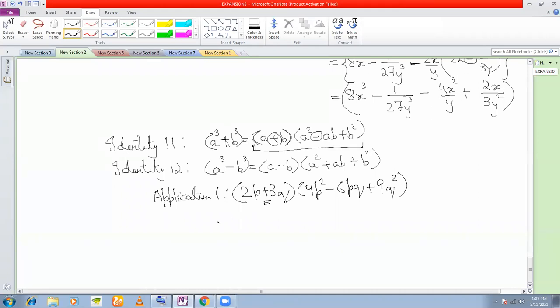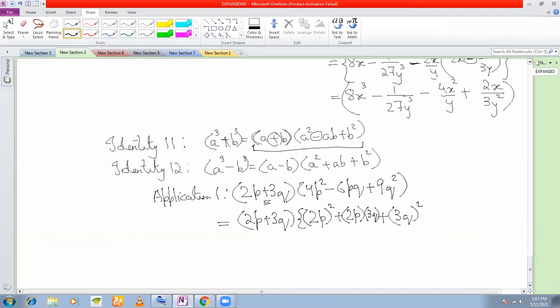Let's see if this is this form or not. So 2p plus 3q, and here 4p square can be written as 2p whole square, and 9q square can be written as 3q whole square, and plus next you have ab. So this is 2p. If I consider 2p as my a and 3q as my b.